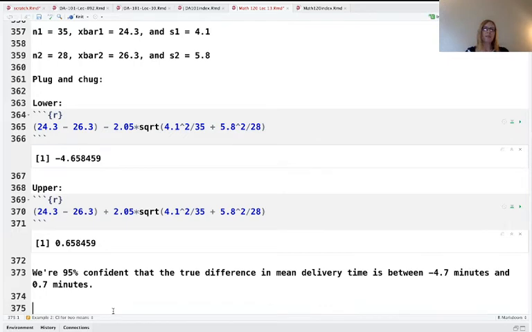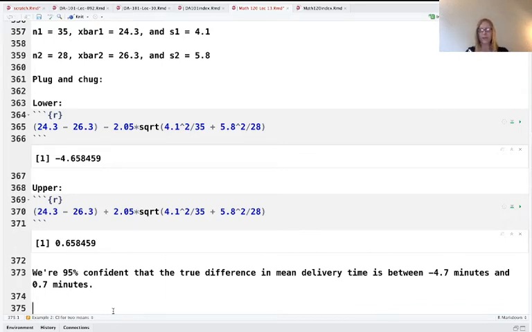We've estimated the difference in delivery time. We think that difference has to be somewhere between, at the most, negative 5 minutes, like at the most 5 minutes off. And on the other side, about positive 0.7 minutes or positive 1 minute. This might seem kind of weird.